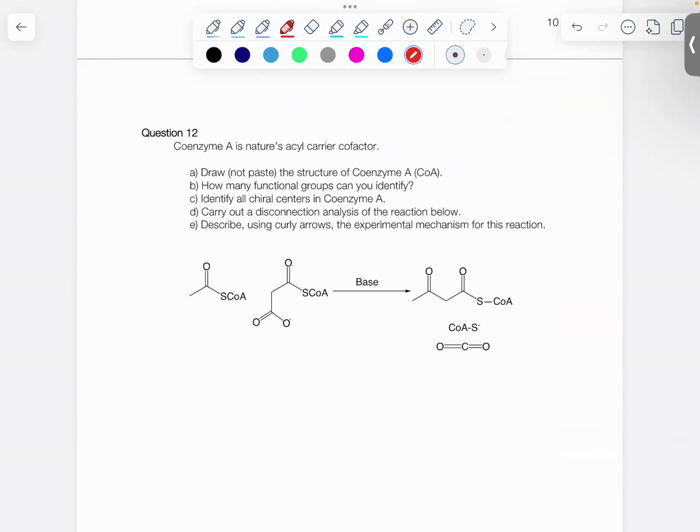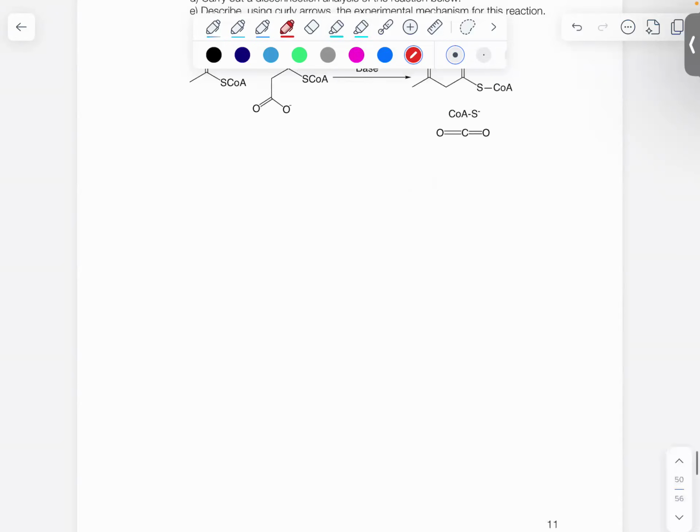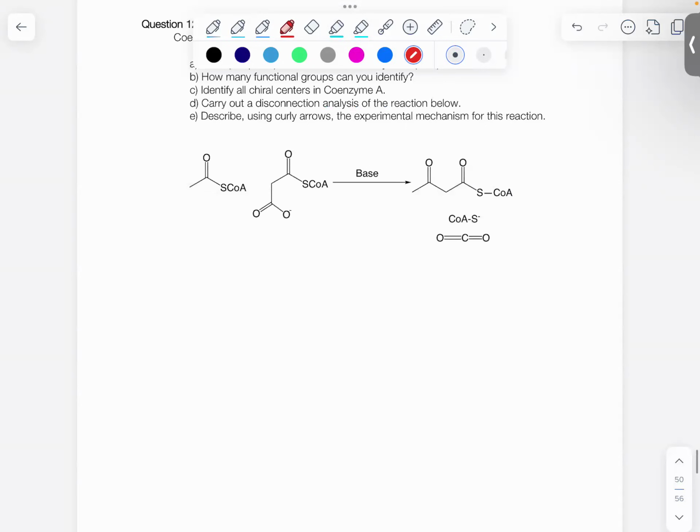So coenzyme A is nature's acyl carrier cofactor. That's an important statement to remember. I will not be drawing the structure of CoA, but know that there are some important functional groups and chiral centers to identify with this reaction.